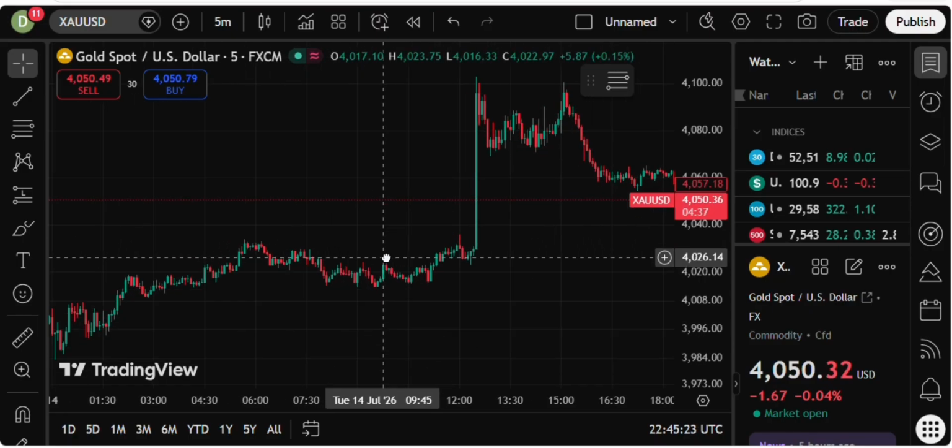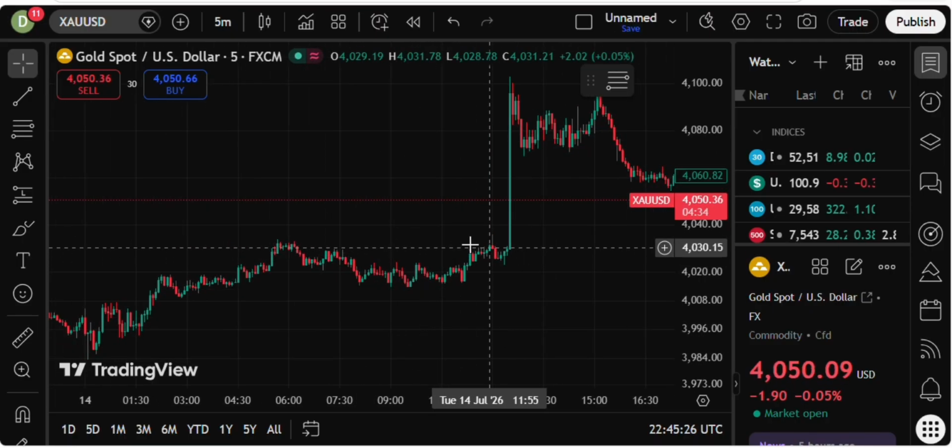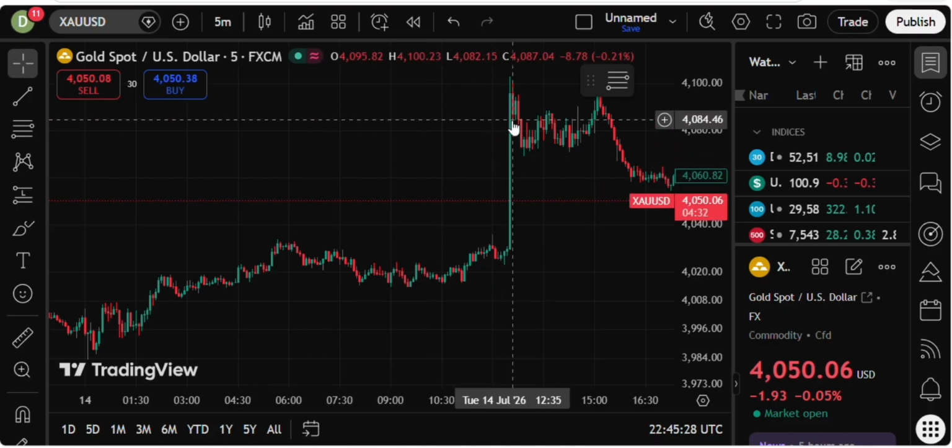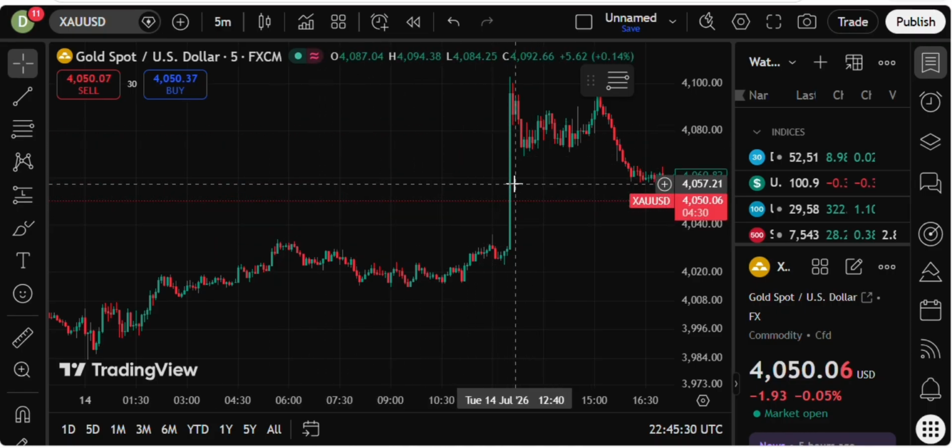Once it's released, it triggers a very sharp movement in the market. This is why they tell you that the forex market is risky.